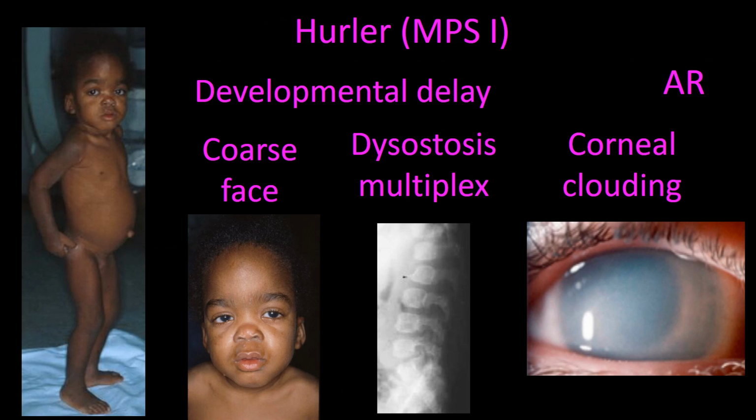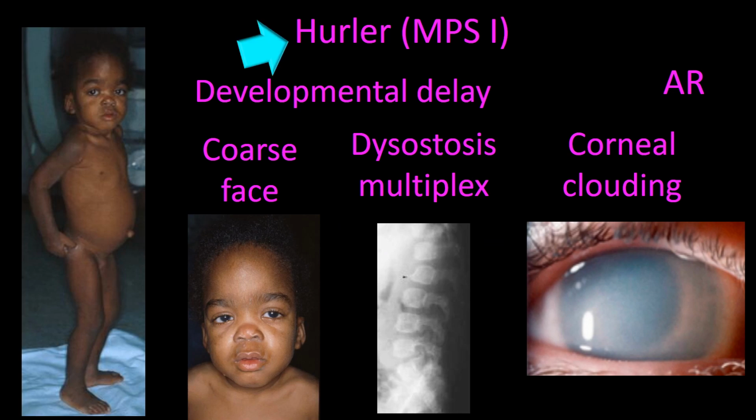The patient in this question shows many features similar to GM1. Coarse faces, often referred to as gargoyle-like. Hepatomegaly with an umbilical hernia. Developmental delay. Dysostosis multiplex and corneal clouding.